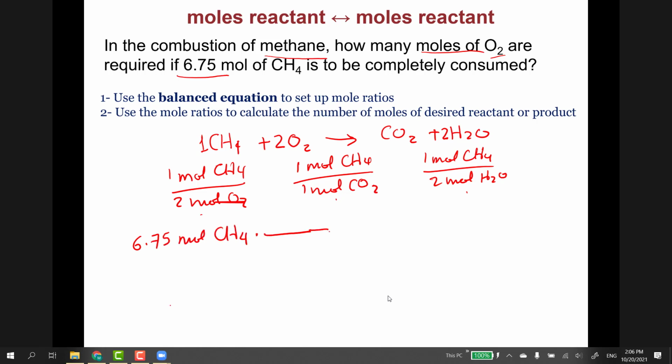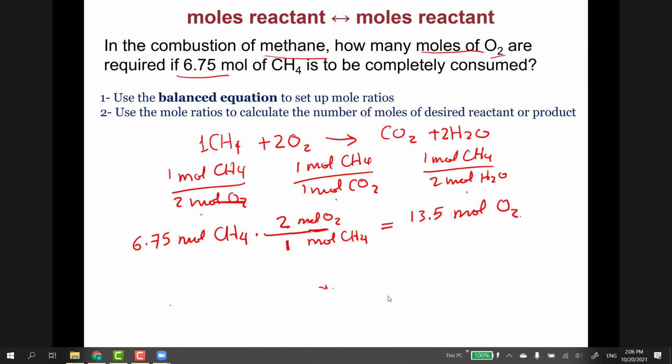So we start with the number of moles of methane and use the mole to mole ratio as a conversion factor. So we want the mole to mole ratio between methane and oxygen, which is right here. 1 mole of methane is equivalent to 2 moles of oxygen, which means that number of moles of methane would require twice as many moles of oxygen, which is going to be 13.5 moles oxygen.